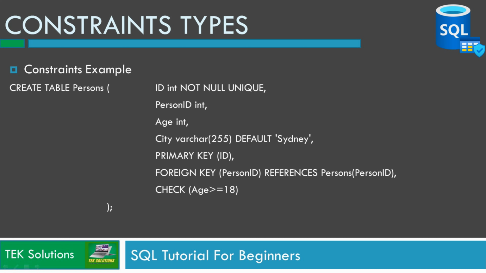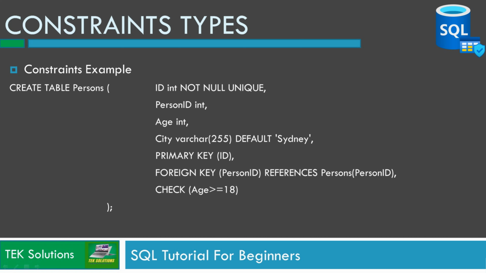Second column is person ID, its type integer. Third column is age, its data type is integer again. City is the fourth column with varchar 255. And see the constraint here, default as Sydney. So if someone is not entering any value into City while inserting the data, Sydney will be the default value for that particular record.